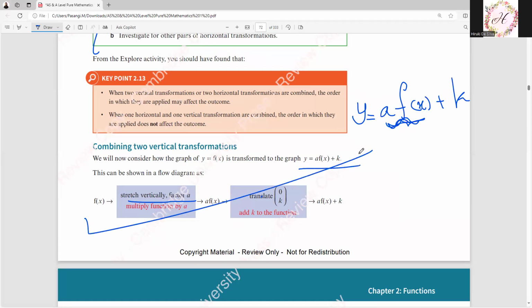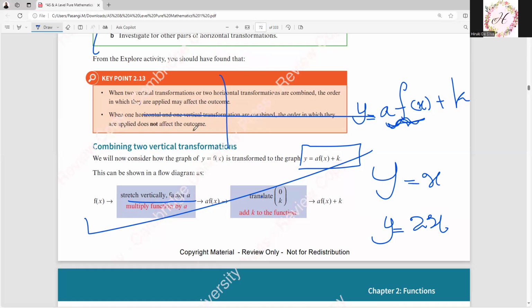Teacher, how do we stretch linear graphs? Curved graphs we can. For linear graphs, yes, we can. If it's y equals x, and the second time it is y equals 2x, what will happen?